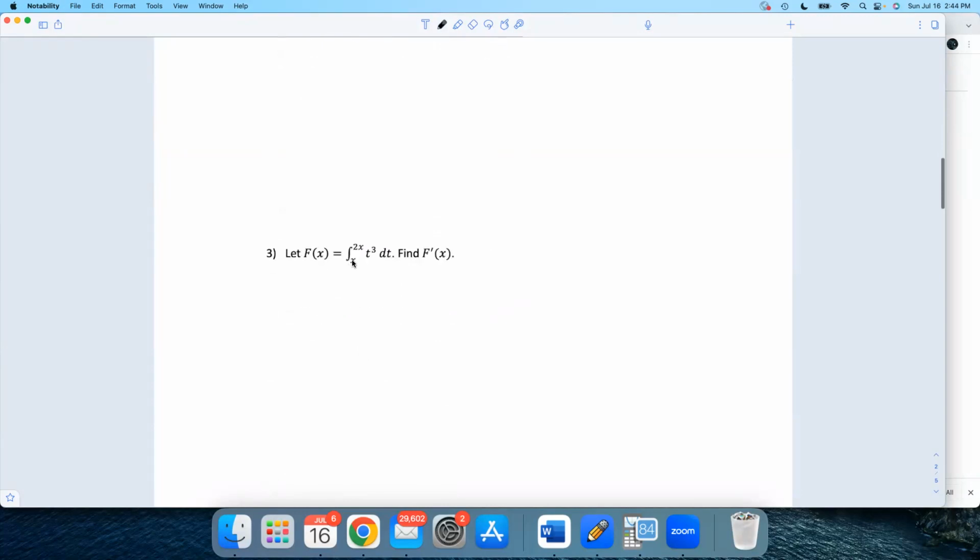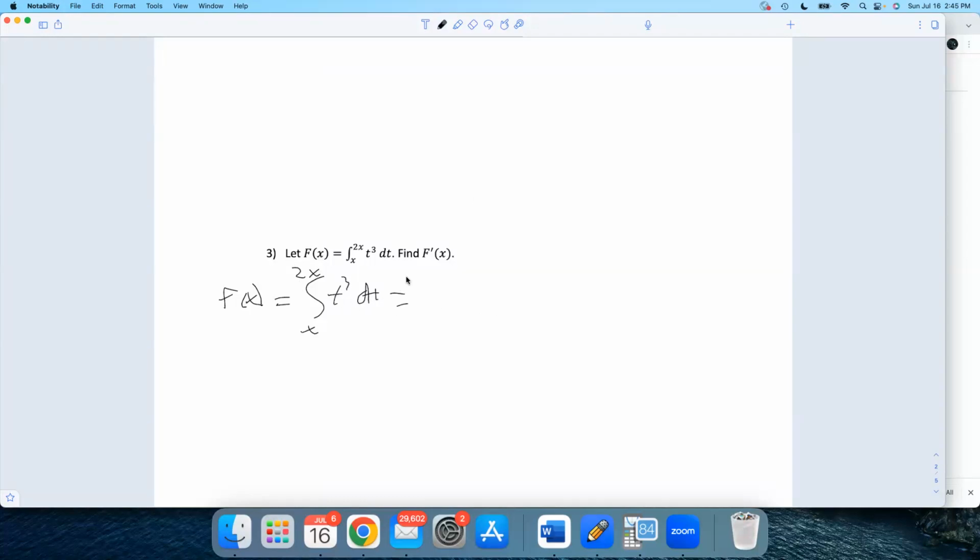But if there's a function there, if we have x's in top and bottom, then we've got to do a little more work. So f of x here, I'm just recopying the problem, is the antiderivative or the integral from x to 2x of t cubed dt.